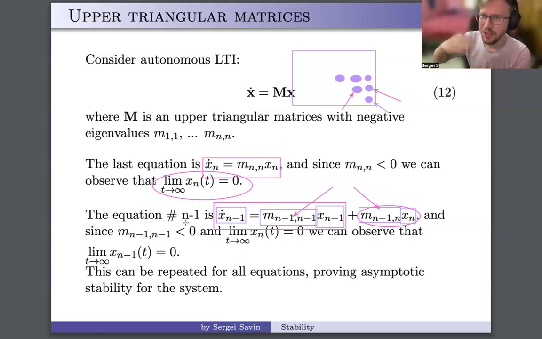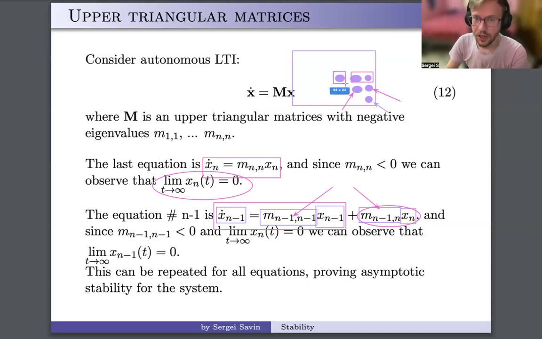And we can repeat it for all equations. For all equations, everything that comes from those contributions above the diagonal will have already been proven to decay to 0 because of the previous equation. The previous equation always proves that everything you add to the next one is decaying to 0.